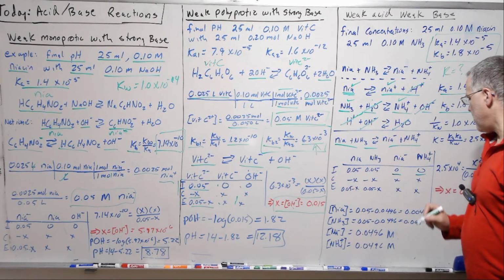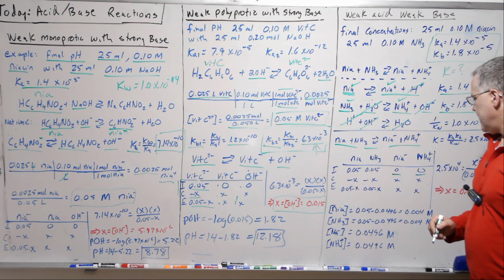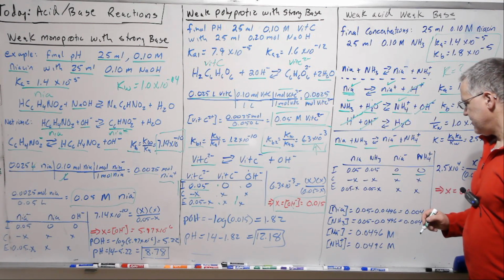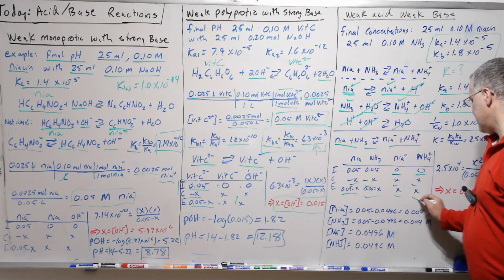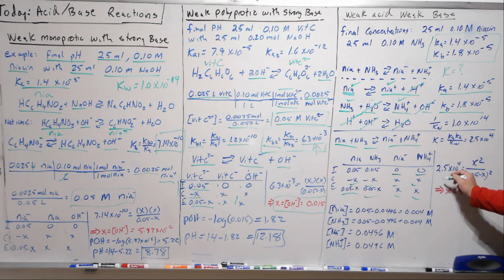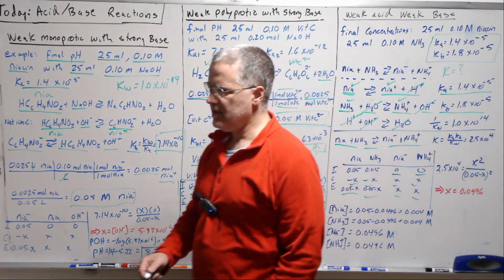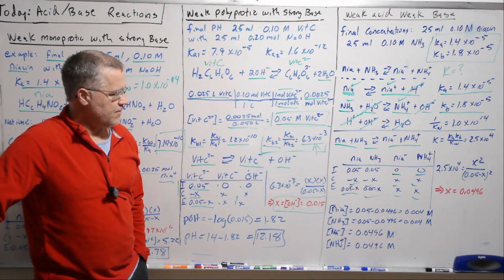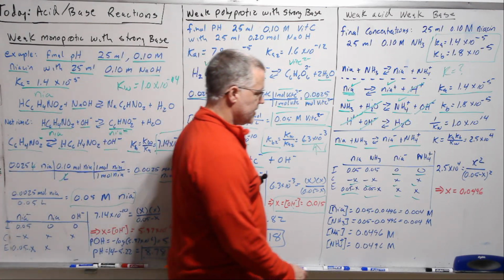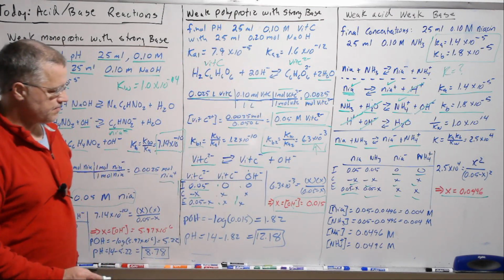And then our final product, we have 0 of the deprotonated niacin and the ammonium. Our change, minus x, minus x, and plus x, plus x. And so we get our equilibrium equation as 2.5 times 10 to the 4th equals x squared over (0.05 minus x) squared. When we do that, we get the physical value of x to be this.